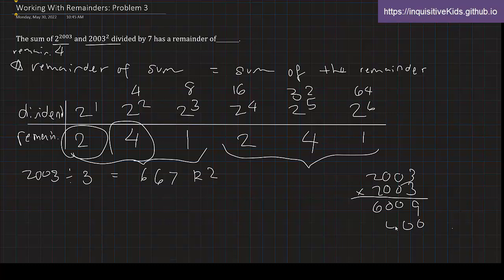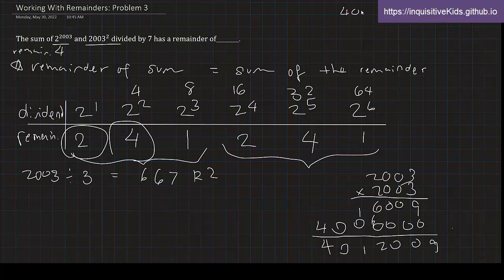And for the thousands, we add this, and we are going to get a 6. Now we add. 4,012,009. Now we're going to divide this by 7.